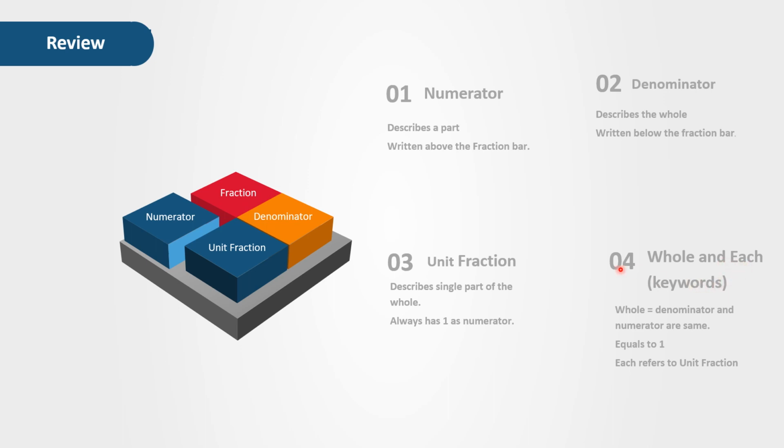So if you have any problem related to fractions and you see the word whole, then you have to write the fraction for all the parts. And when you are writing the fraction for all the parts, the denominator and numerator will be the same, and that is equal to 1. We have learned all this in previous lessons, right?